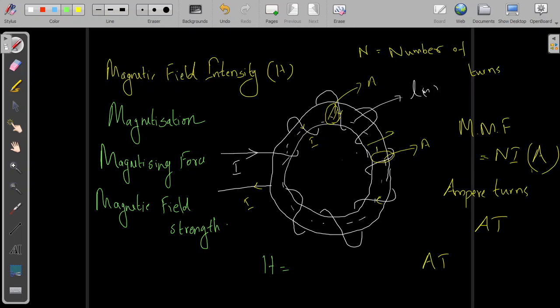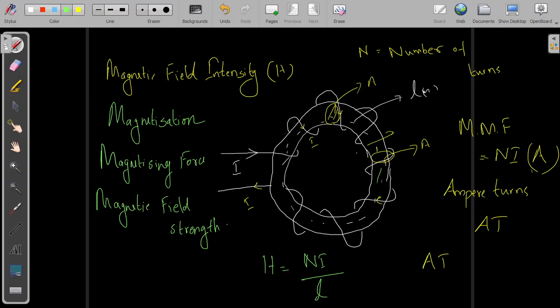It is defined as the magnetomotive force, or ampere turns (AT), per unit length of the toroid. That is H equals NI divided by L, because the circular length of the toroid is considered as L meters. Actually it is not exactly L, but we are taking an average.